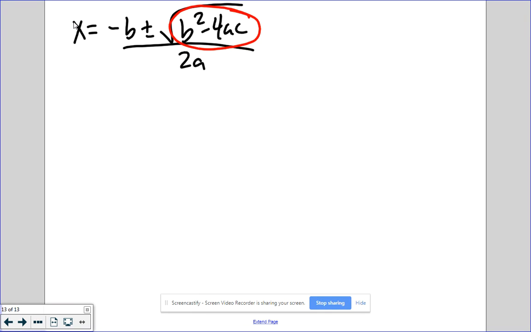What's under the radical, we call the discriminant. B squared minus 4ac is our discriminant. The discriminant tells us what types of zeros our function is going to have, and we're going to talk about a quick rule that tells us that.